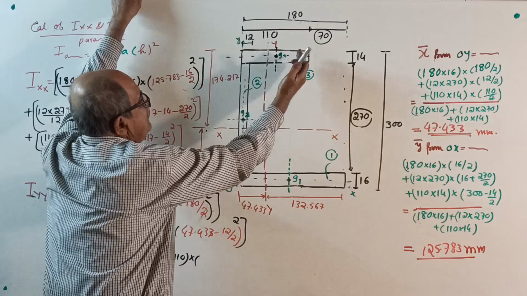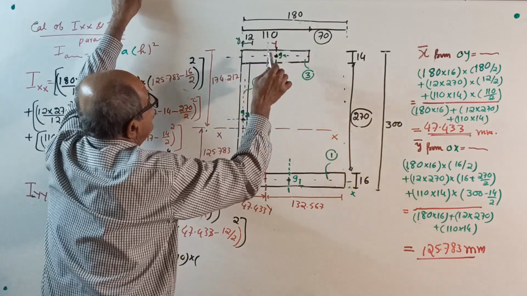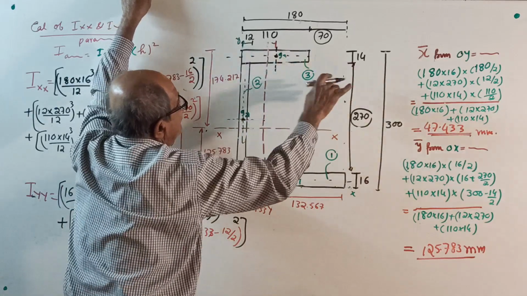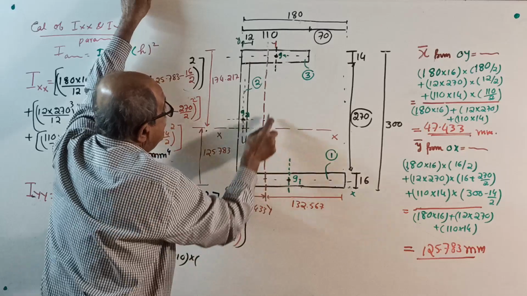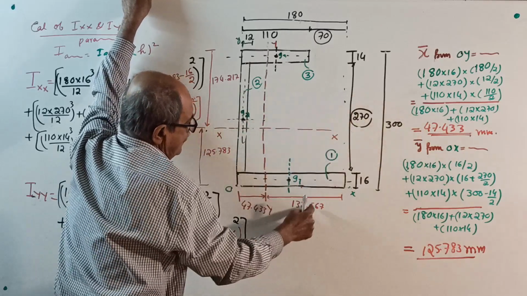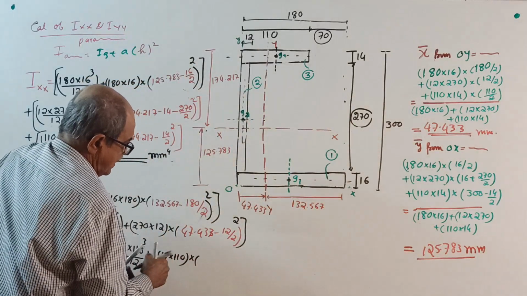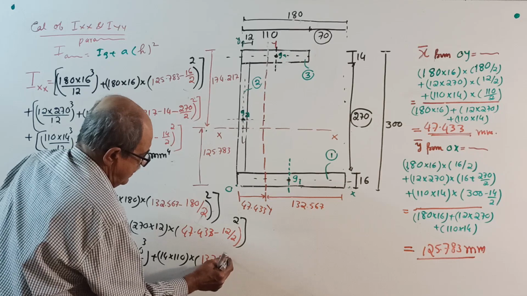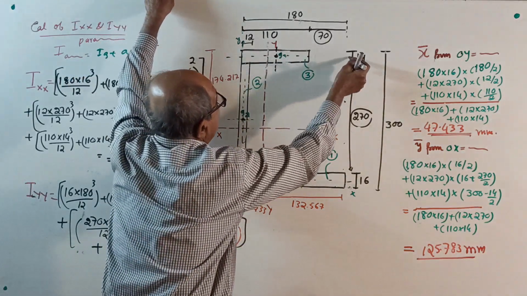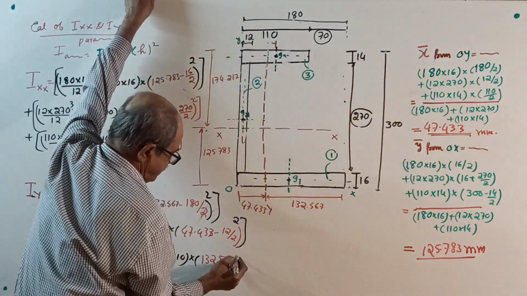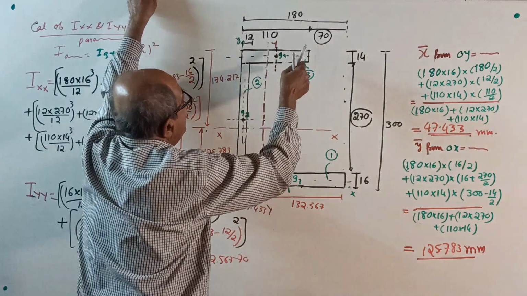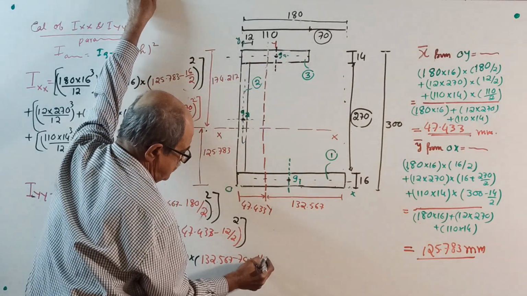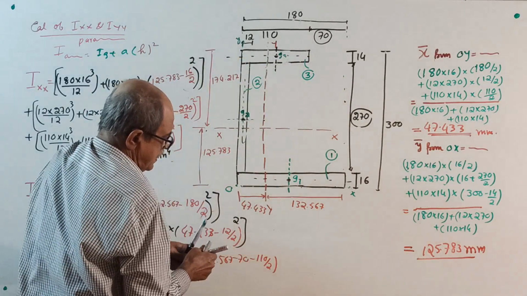This distance squared is from here to here. Look at that side. From here to the extreme end is 132.567. Subtract 70. Again subtract this distance, that is 110 by 2. That one whole square.